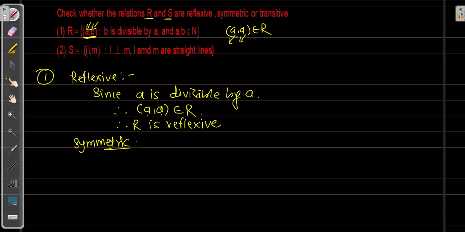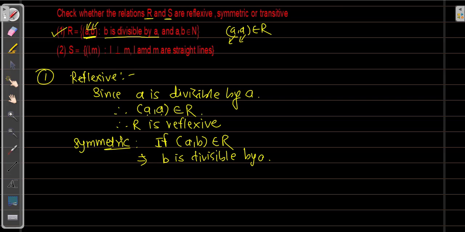Now see, suppose the ordered pair (A, B) belongs to relation R. The relation R is defined such that B is divisible by A. Let us take, suppose A is equal to 2 and B is equal to 6.